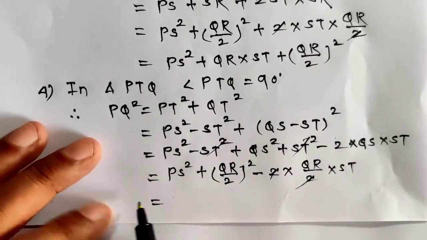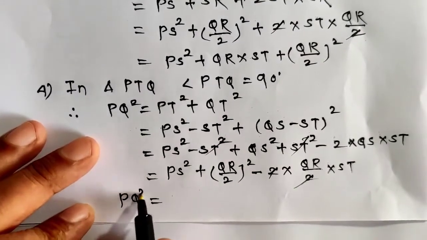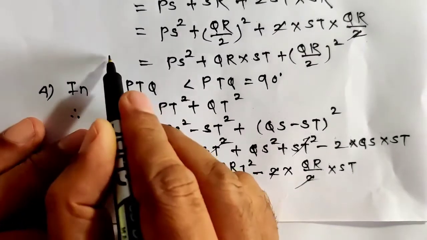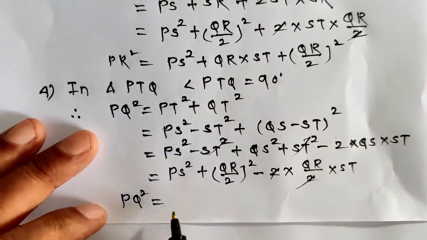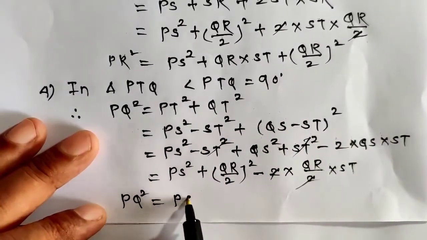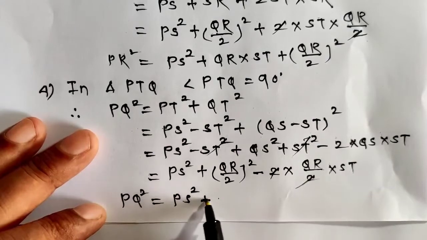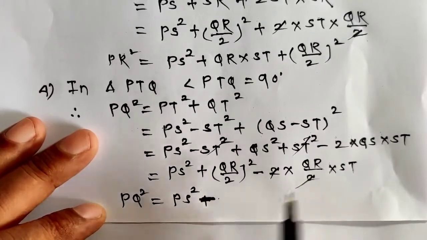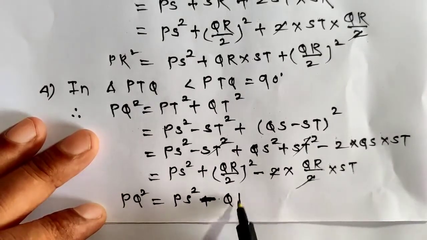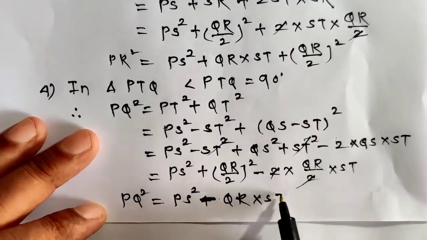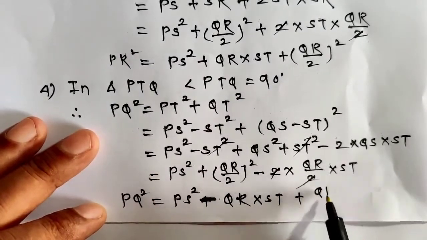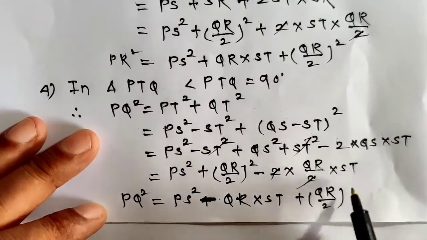So we get our result. The first one is proved. Second result, PQ square is equal to PS square minus QR into ST plus (QR by 2) whole square.